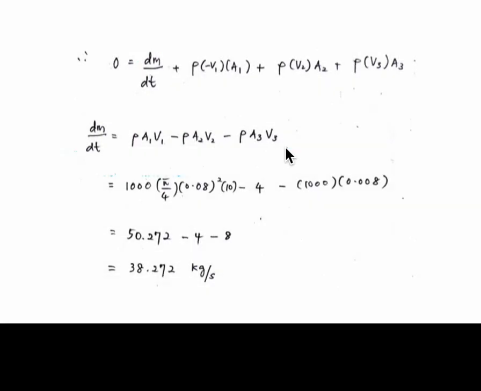Another way to calculate the mass flow rate is by using the idea of rho A V. The A and V here give us the value of Q, which is the volume flow rate.